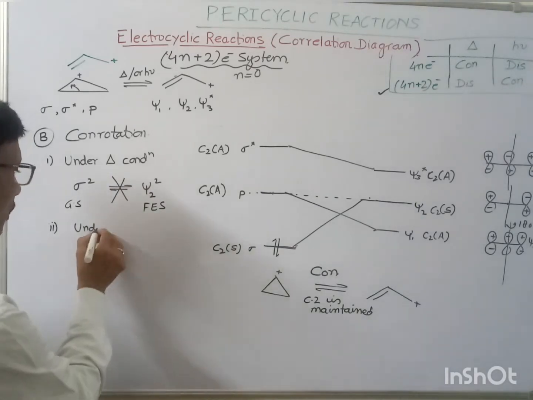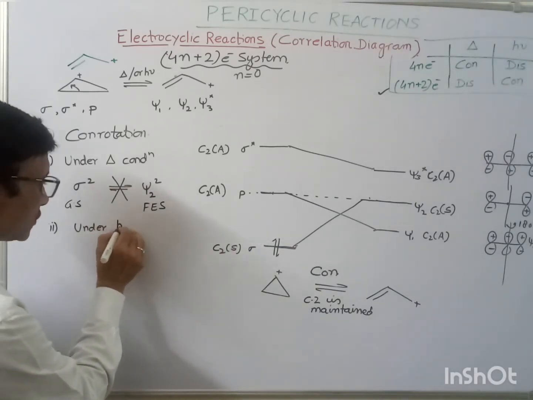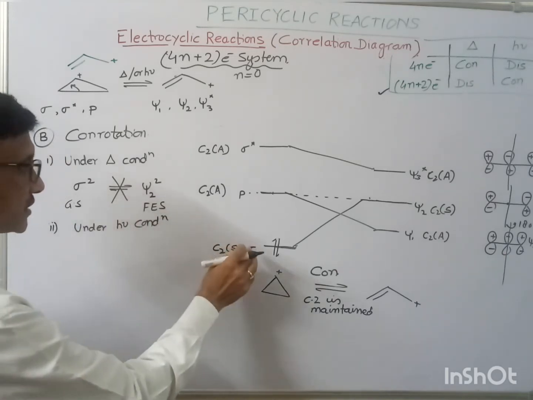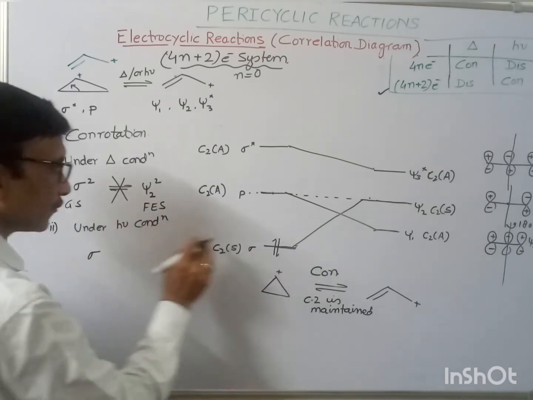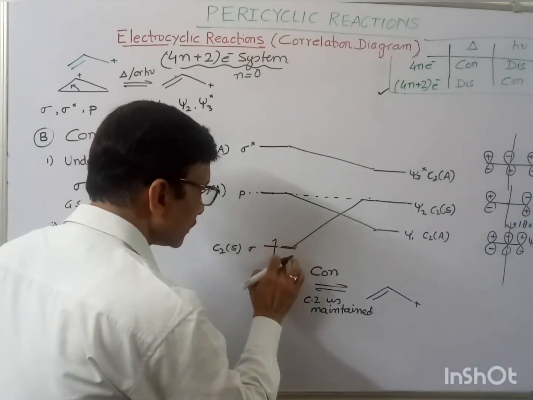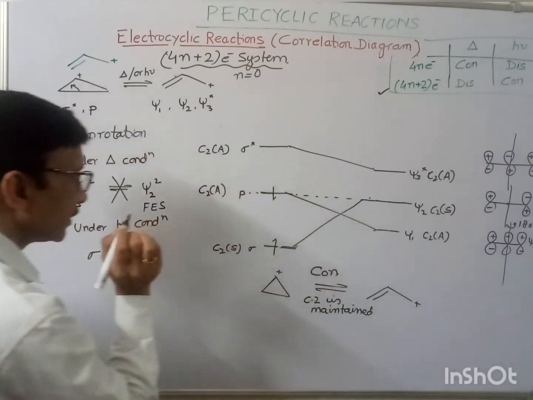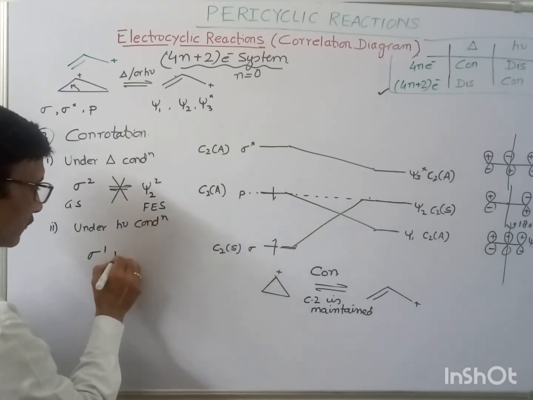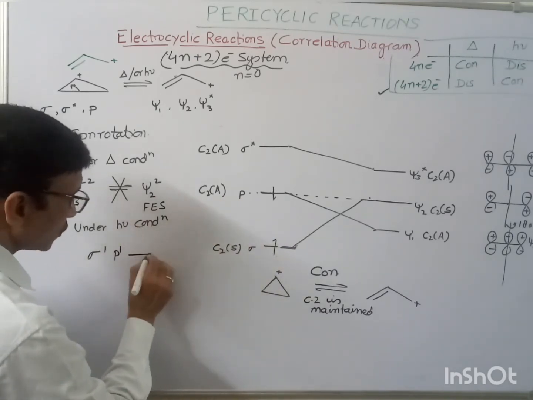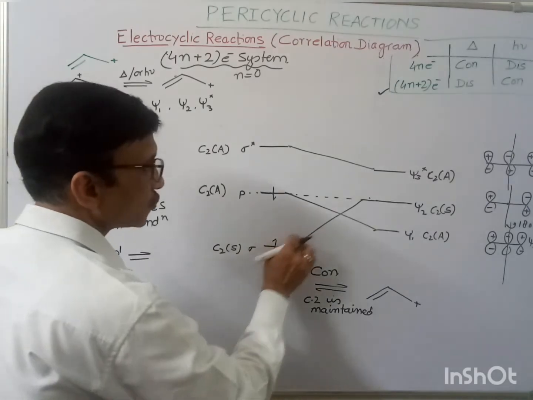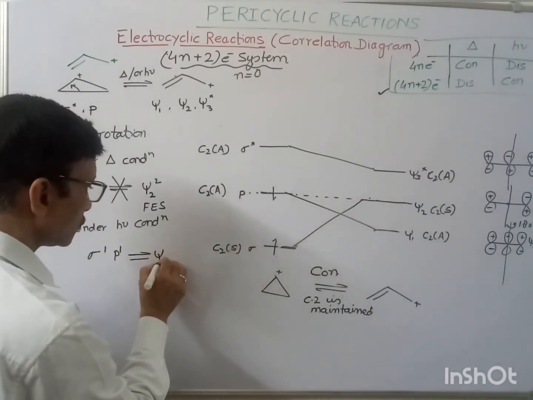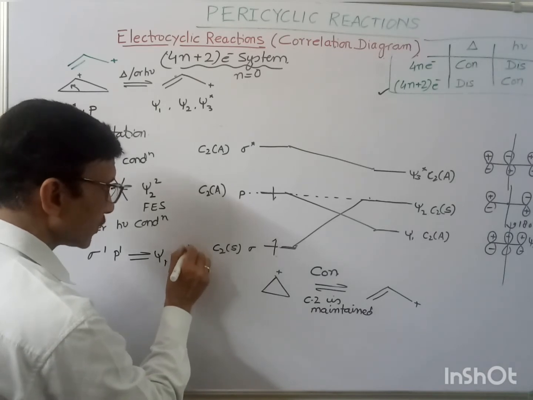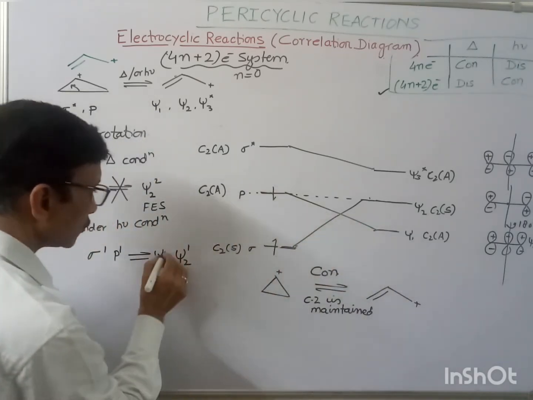Now under photochemical condition, one electron gets excited. Sigma is having one electron, P is having one electron. So the sigma electron is going into psi 2, and the P electron is going into psi 1.